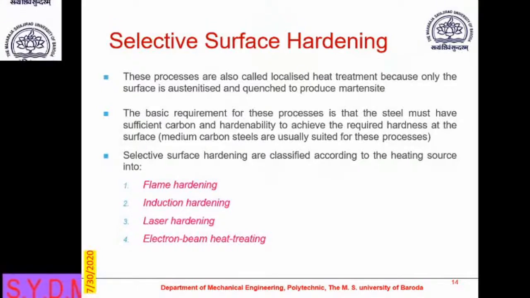Induction hardening. Induction is the method for heating the localized surface, and the rest of the things, that is quenching, remain the same. Laser hardening, where laser is used for hardening the surface.